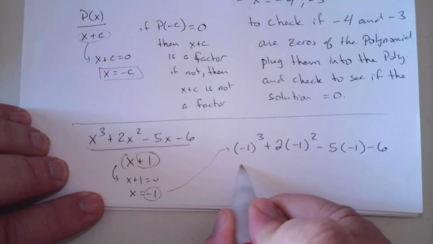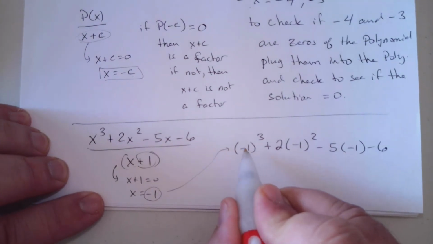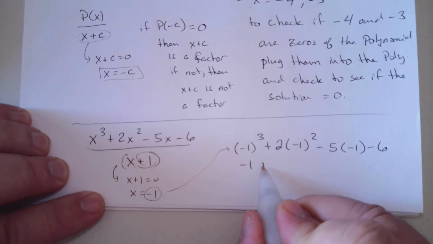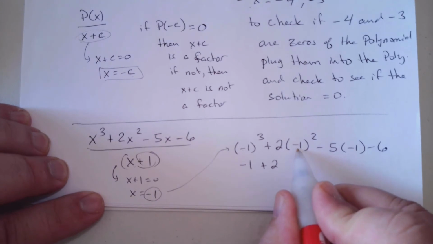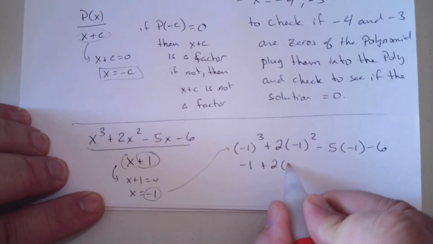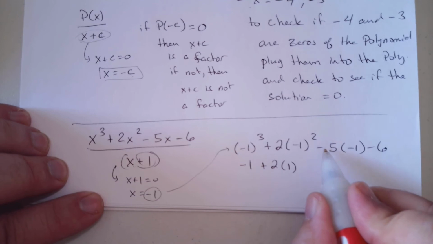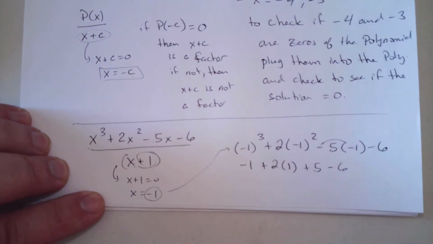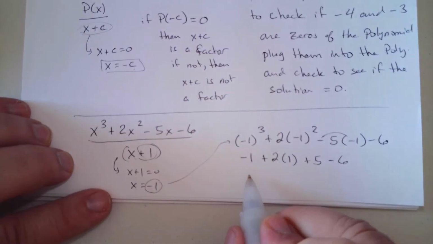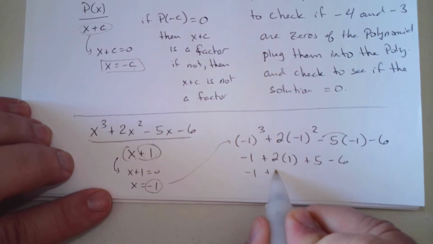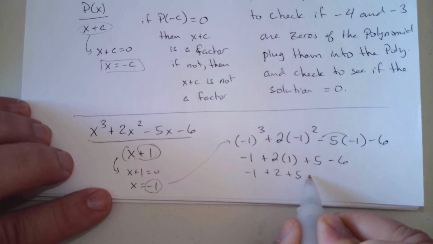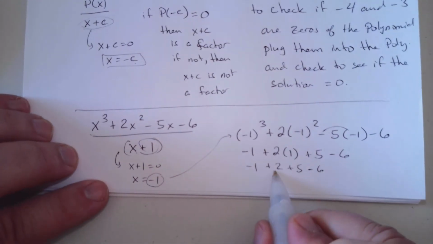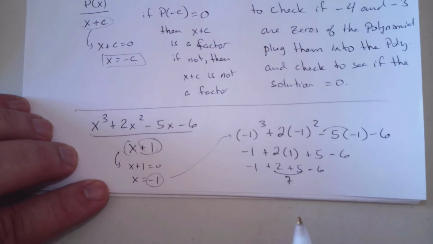Negative 1 cubed is negative 1. So it's negative, negatives, negative. 1 times 1 times 1 is 1. Negative 1 squared is positive 1. Negative times negative is positive. Negative 1 plus 2 plus 5 minus 6. 2 plus 5 is 7.